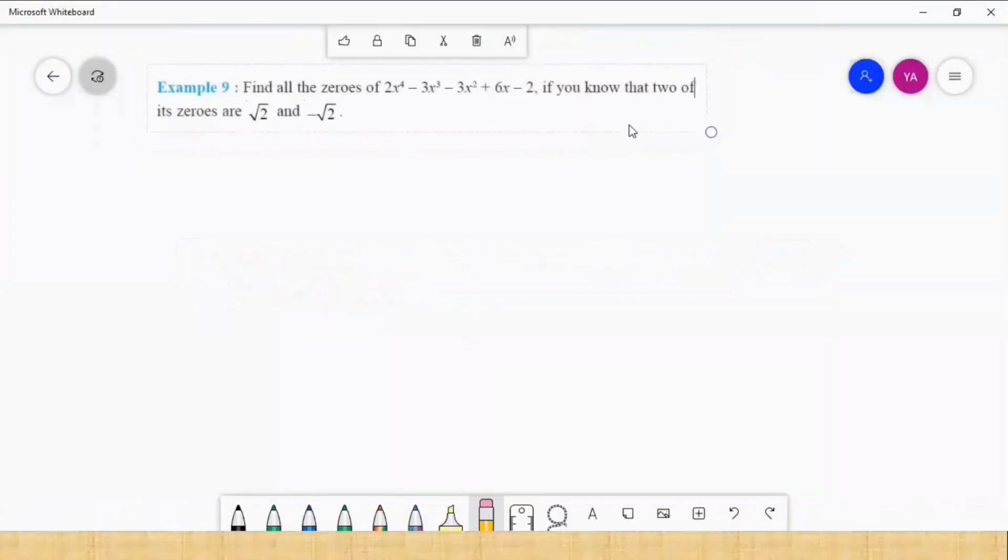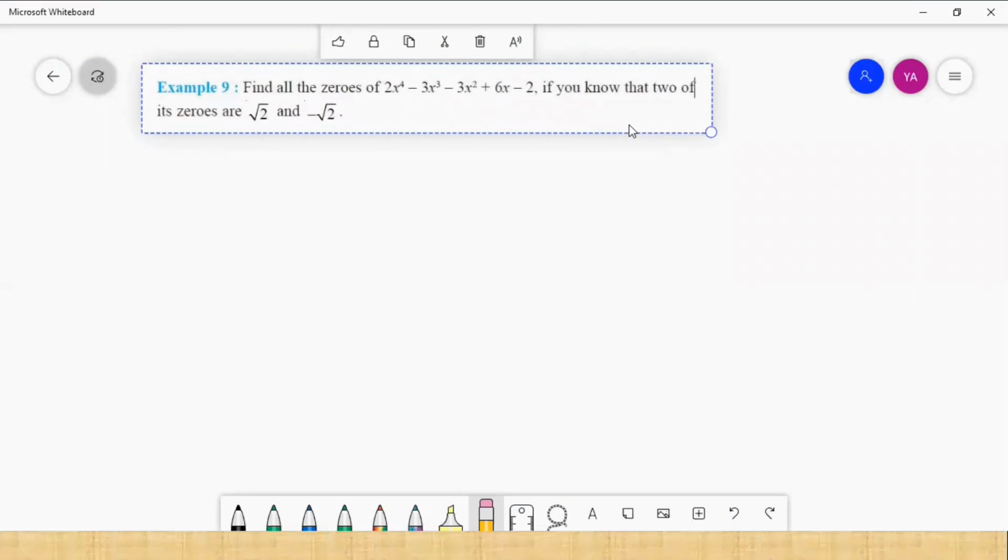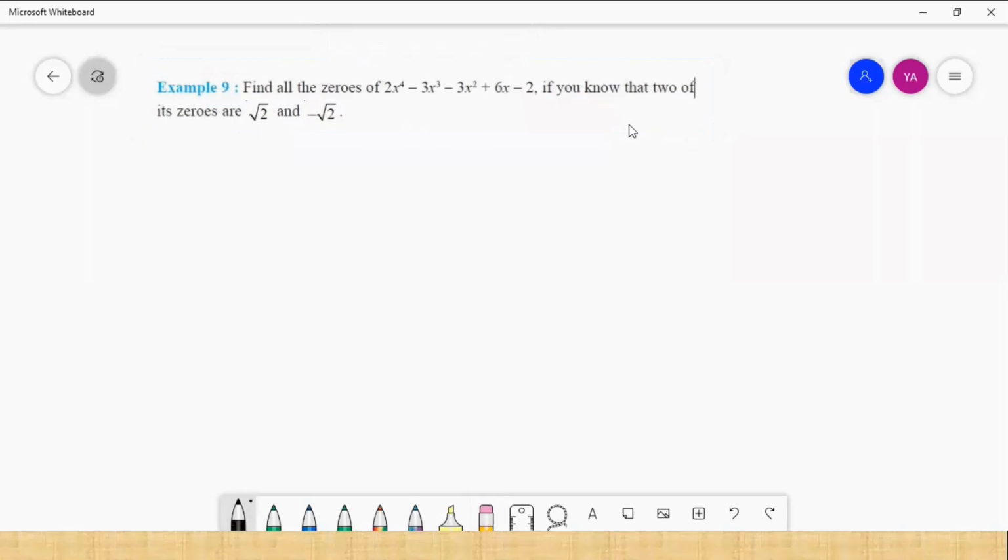Find all the zeros of 2x raised to 4 minus 3x cubed minus 3x square plus 6x minus 2. Two zeros are given. So as you know the factor theorem, if root 2 is a zero, we can give the name p of x for the polynomial, then x minus root 2 is a factor.